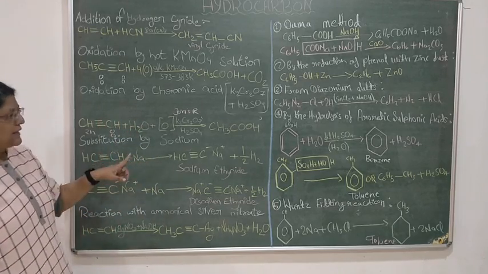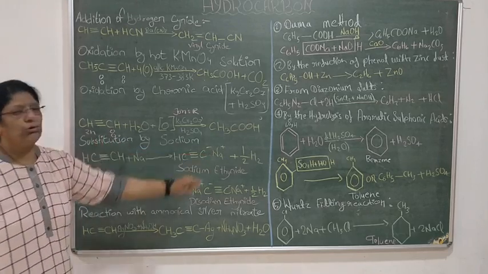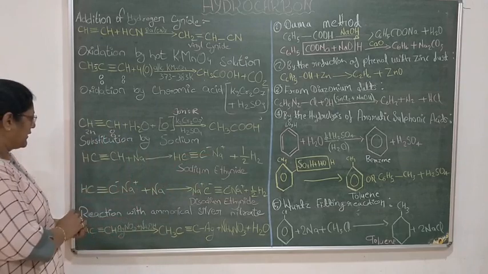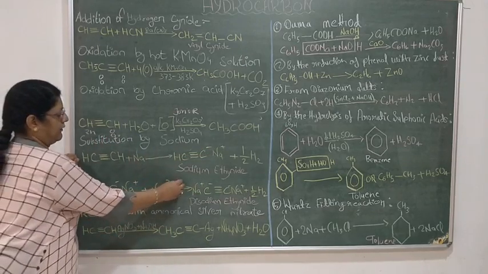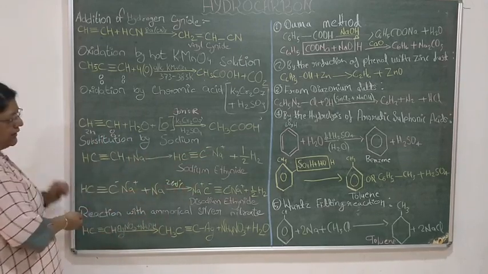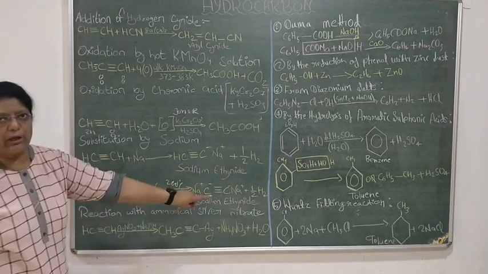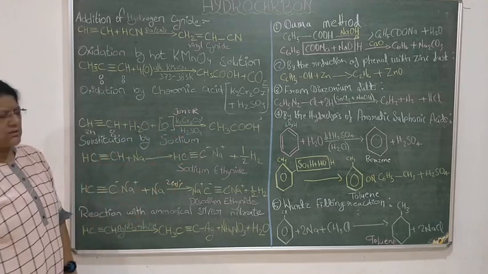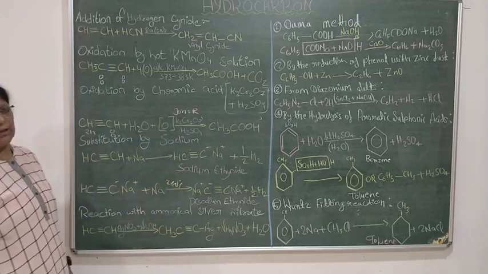So H will be released as half H2 and sodium will attach. Again we will go with 200 degrees centigrade and again this H will be removed and we will form disodium acetylide. Earlier it was sodium acetylide, or you can say monosodium acetylide, and this is disodium acetylide.